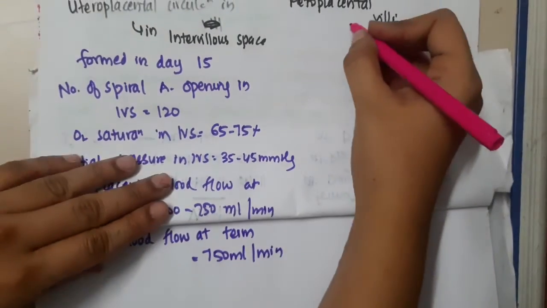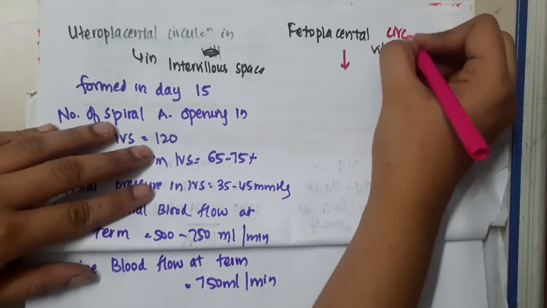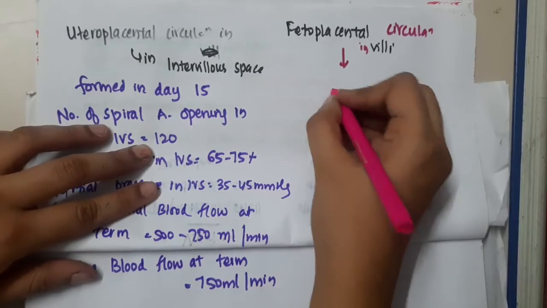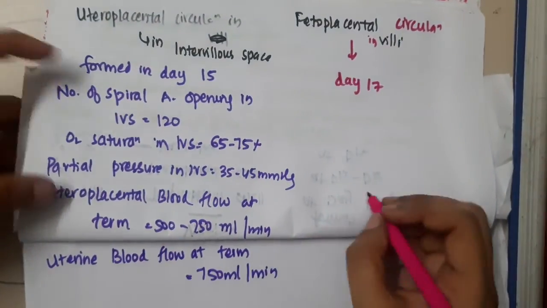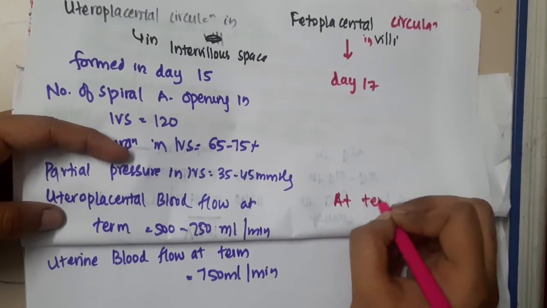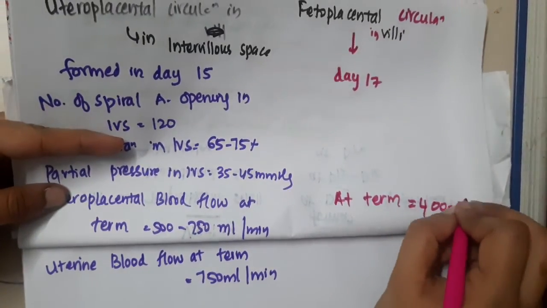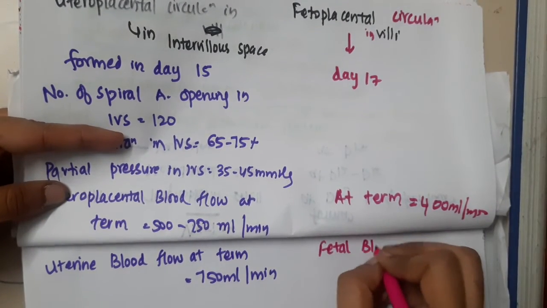Now, fetoplacental circulation, which occurs in villi, is established at day 17. At term, fetoplacental circulation is around 400 ml per minute.